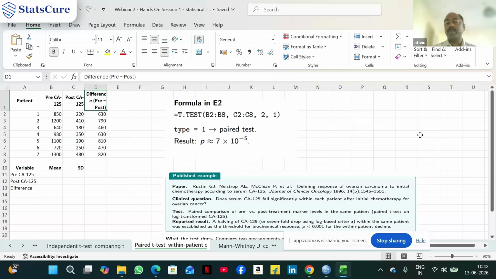So in this context, this is the correct approach, the correct structure. Keep it in mind, because it makes much more sense how you prepare your data and structure your variables. In the case of smokers and non-smokers, the individuals were different. That's why we said that's not correct. But here, these are the same individuals. That's why we can retain this pre and post CA value in parallel.